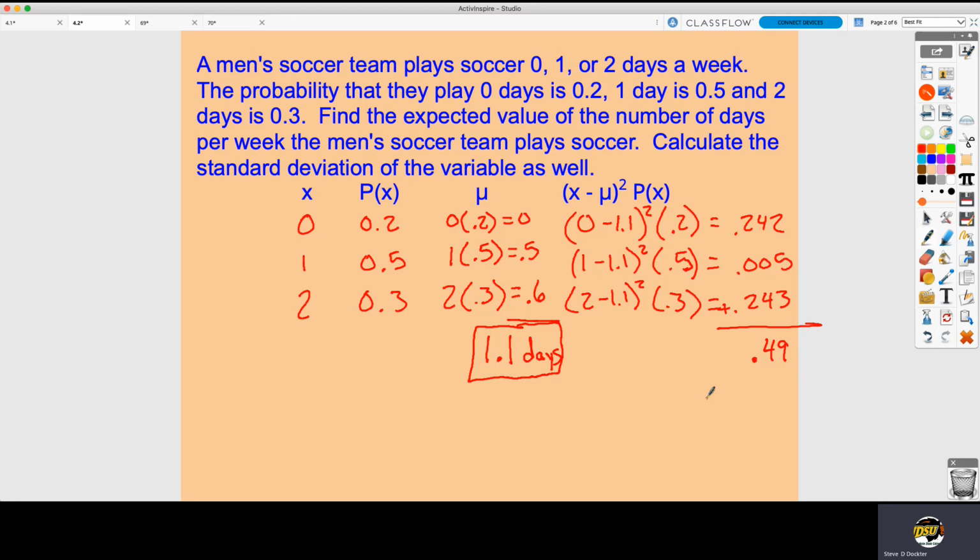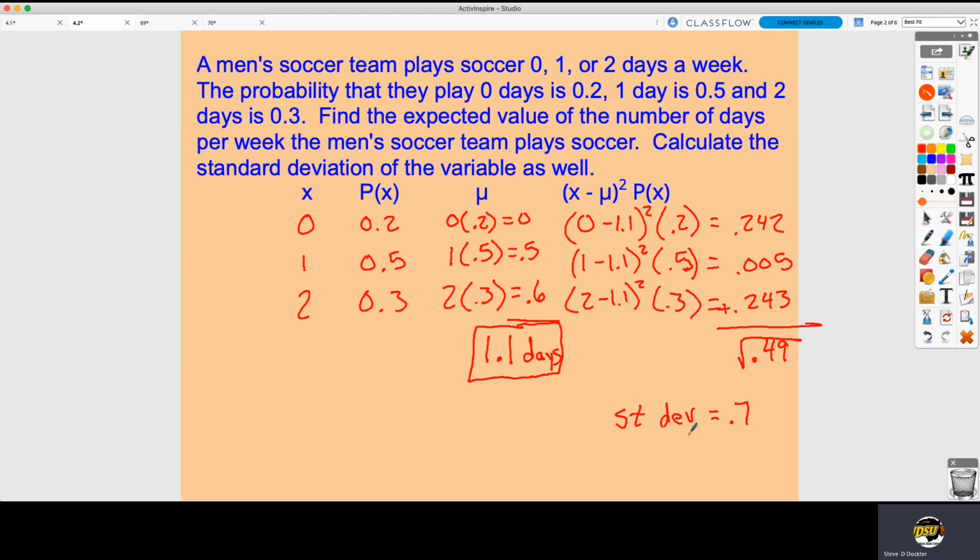All right, and then our very last step to find standard deviation, we just take the square root of that. So we would get a standard deviation of 0.7.